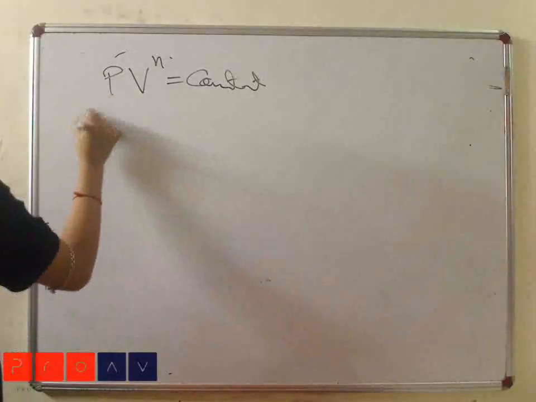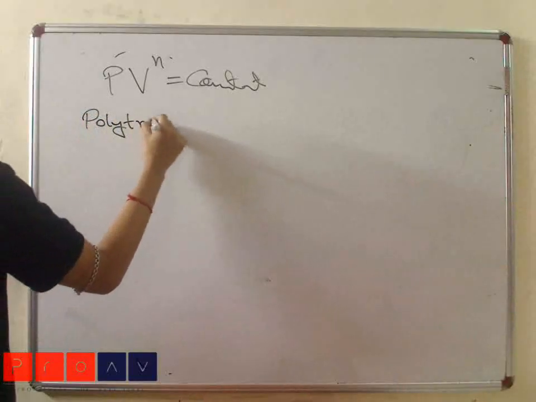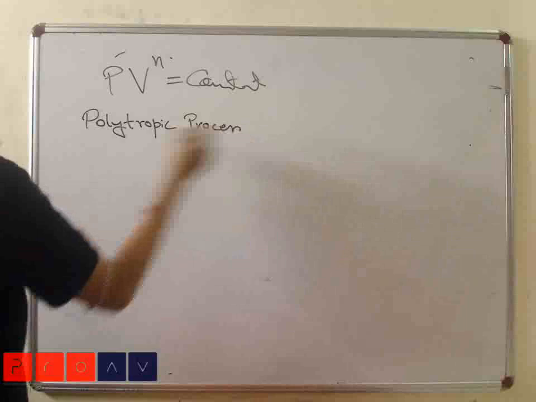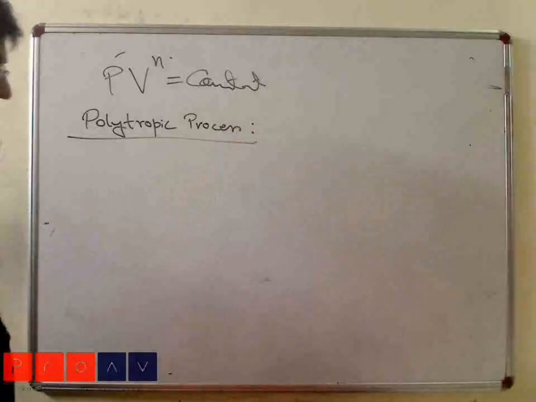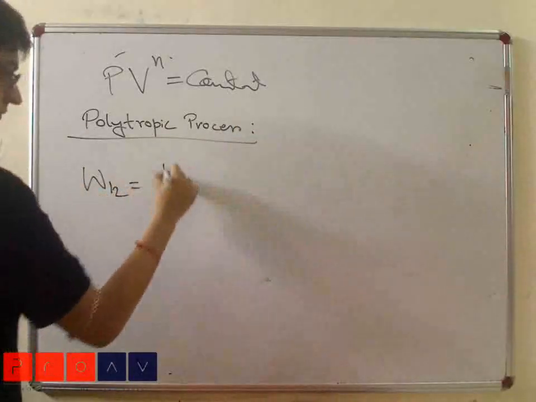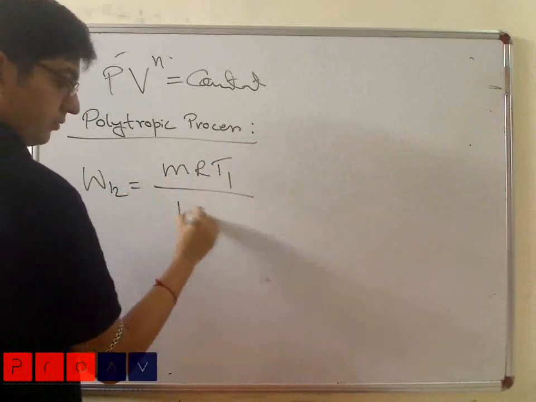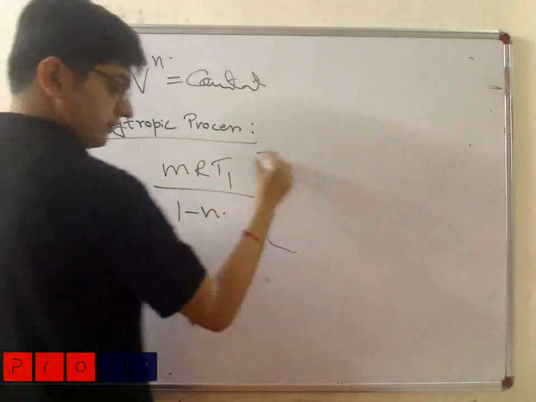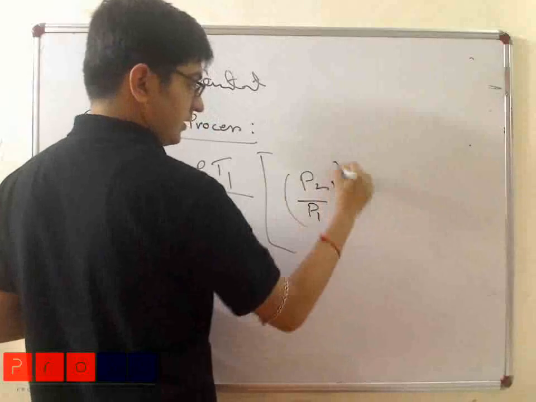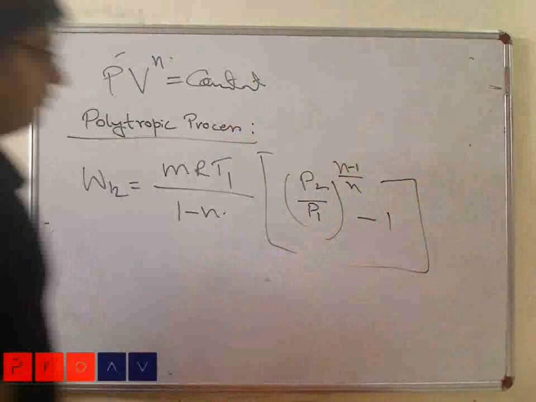So this is known as polytropic process, and work done is equal to mRT1 over (1 minus n) times [(P2 by P1) to the power (n minus 1) by n minus 1].